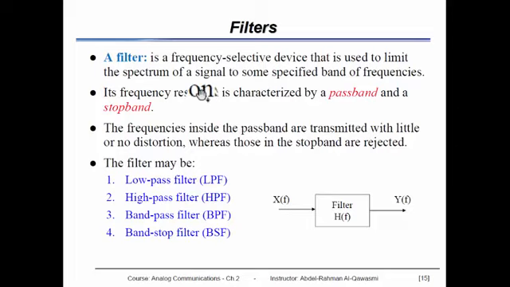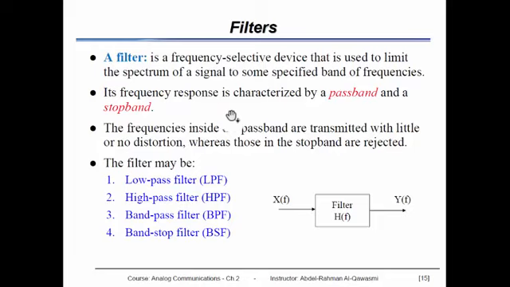So a filter selects the bandwidth that you need, and for every filter there are three main bands that we call the pass band, the transition band, and the stop band.